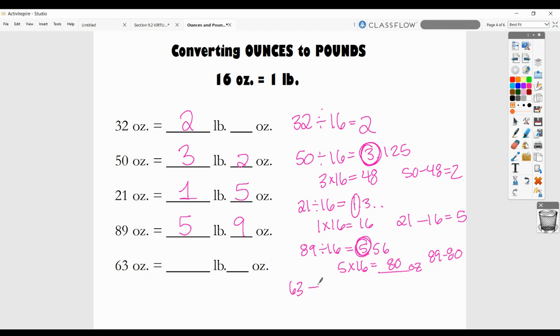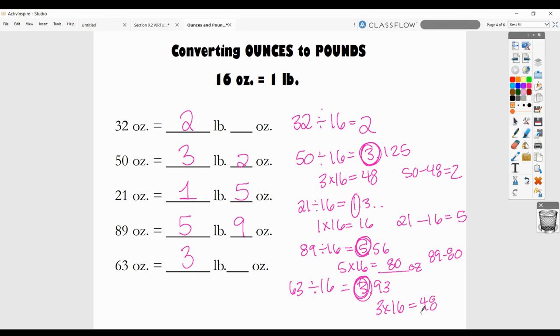All right, last one on this page. 63 ounces divided by 16. 63 divided by 16 is 3.93. 3 is my magic number. That's how many pounds. How many extra? Well, let's do 3 pounds and figure out how many ounces that is. So 3 times 16 is 48.